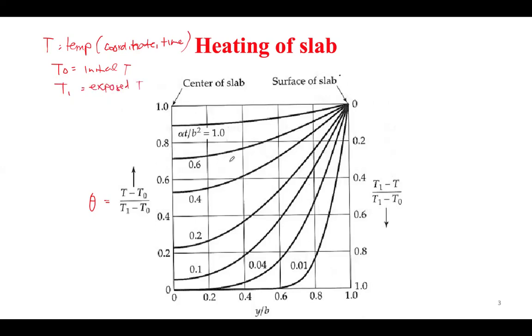And then if you look here, there is a position as well, Y over B. So when Y over B equals 0, that means if this is a slab, in the center, this would be the center of the slab.